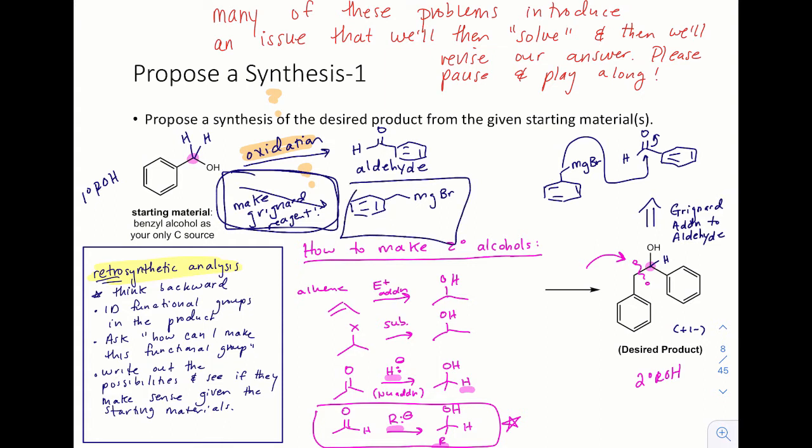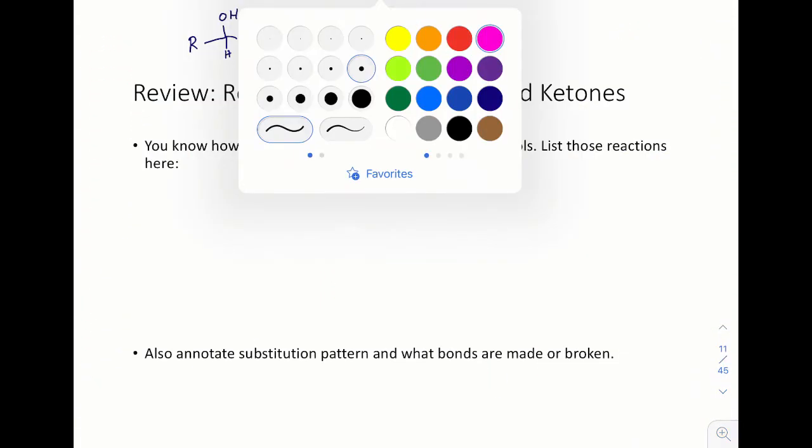So if you'd like to pause and solve this part of the puzzle right now, please feel free to do so. I'm going to move on to talk about oxidation of alcohols to aldehydes and ketones, and then we will together put together both pieces of the puzzle.